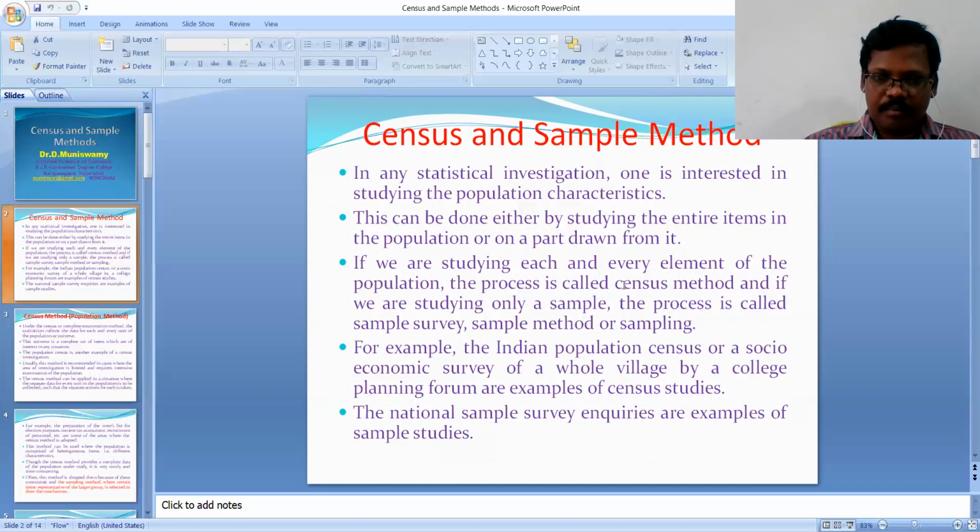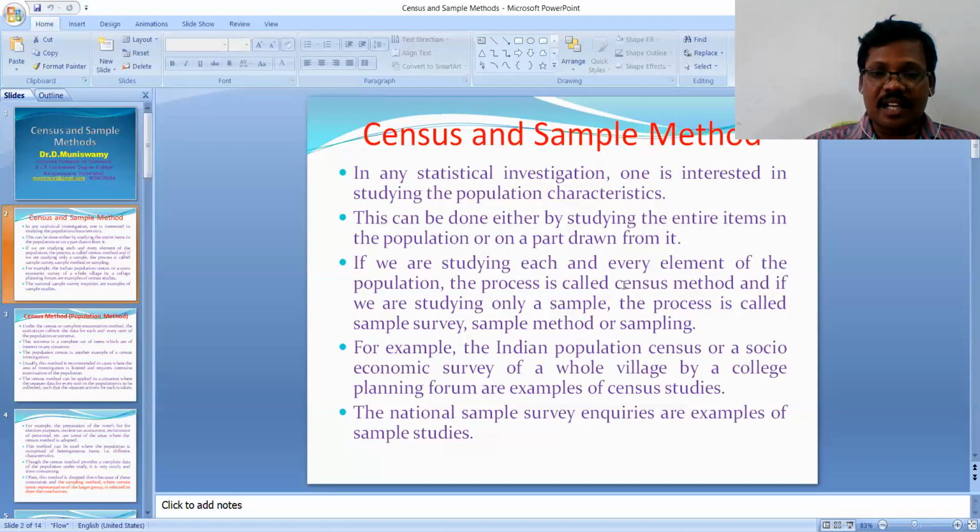Likewise, when the government is collecting data for the economic survey, it will try to take information from each and every person, from all the people.